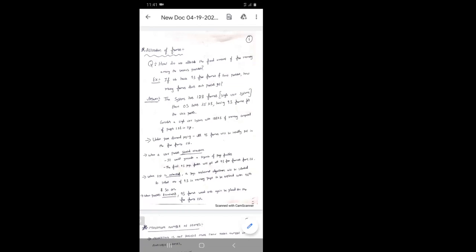Second, when the list is exhausted, a page replacement algorithm should be selected. We keep all those 93 frames in the free memory list, or free frame list.